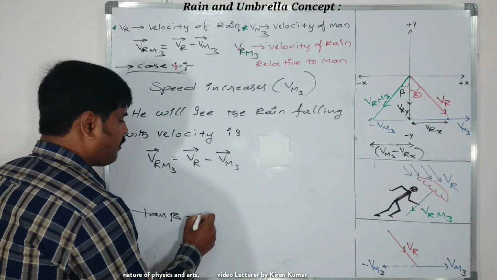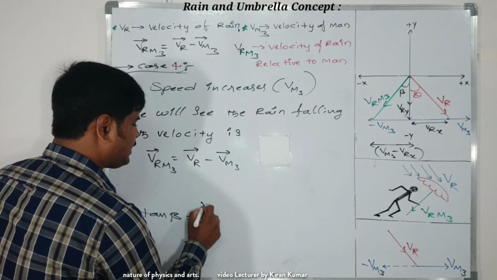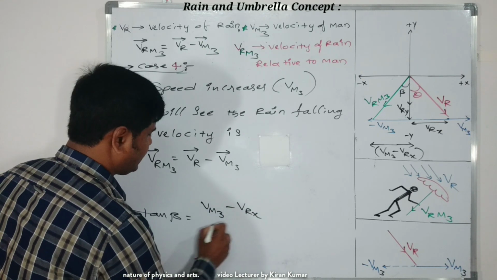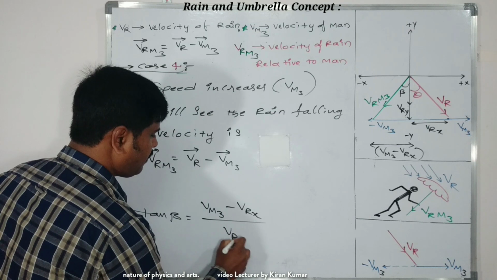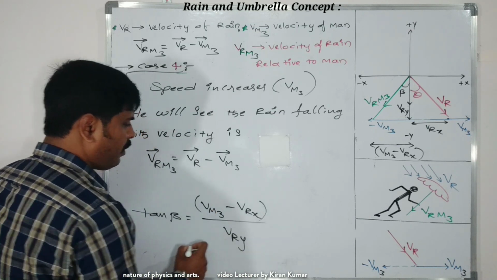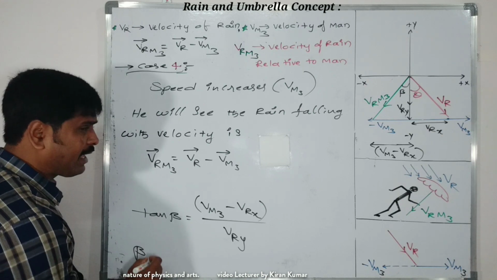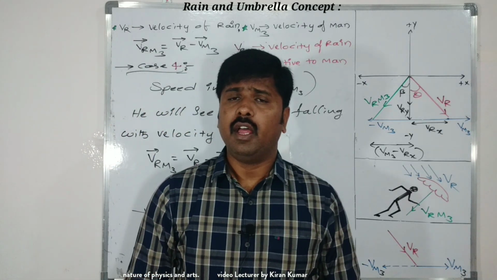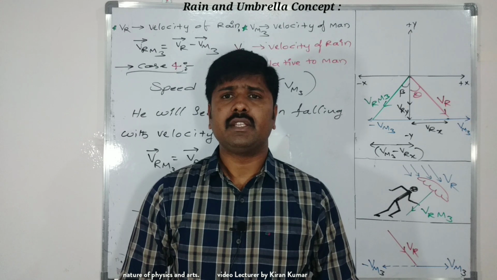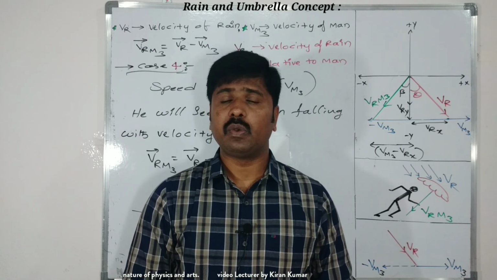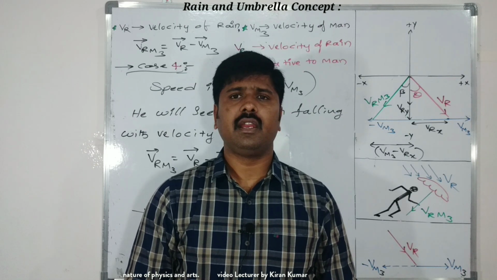So tan beta is equal to the opposite side, Vm3 minus Vrx, divided by Vry. Here beta is taken as the angle made by the umbrella with the normal. Please try to understand, and in continuation I can explain numericals to you, with the diagrams clearly given.